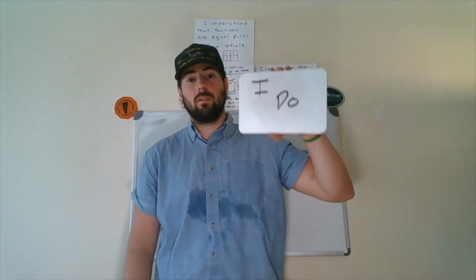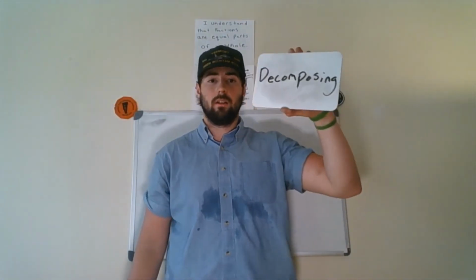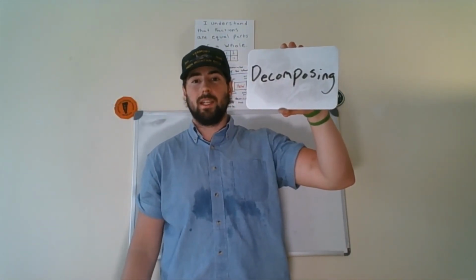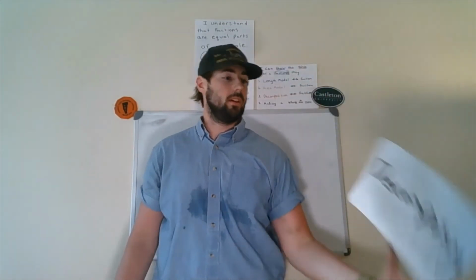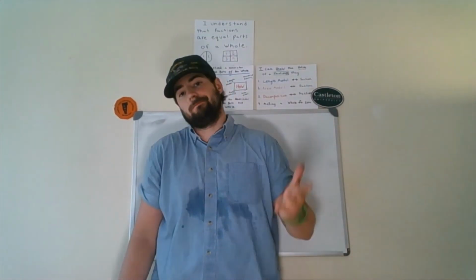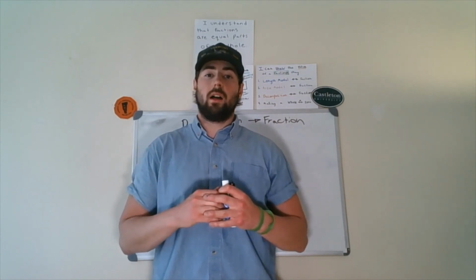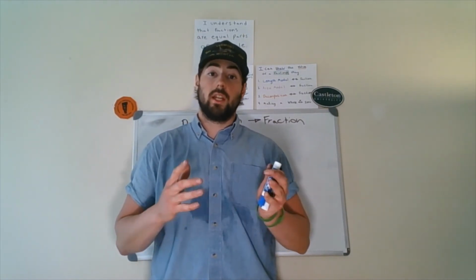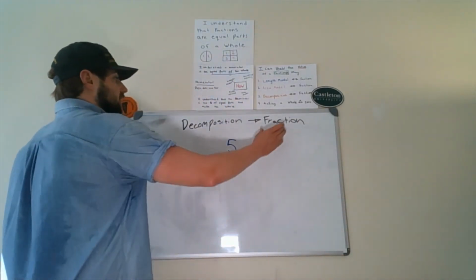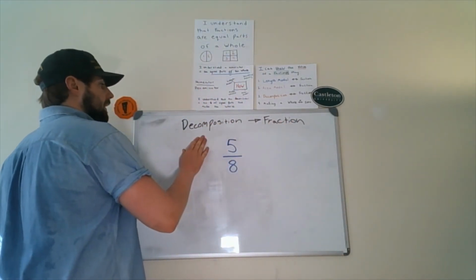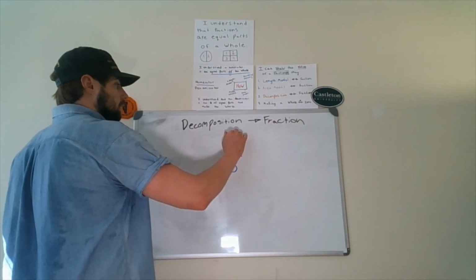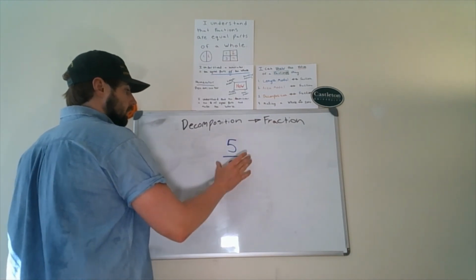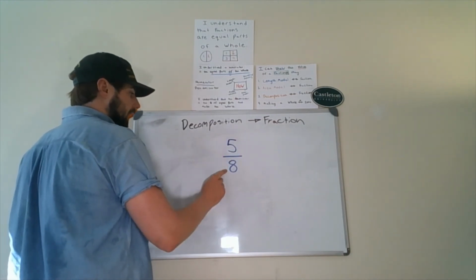Next I do, taking a look at decomposing those fractions. All right, understanding the value of fractions using decomposition or decomposing. Starting with a fraction and decomposing. My fraction, 5/8.